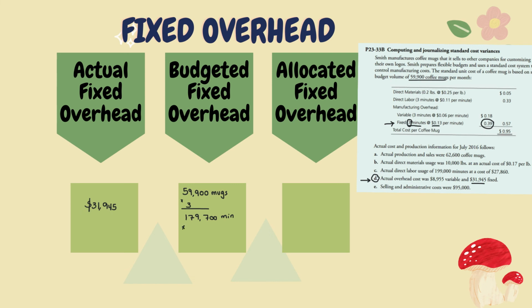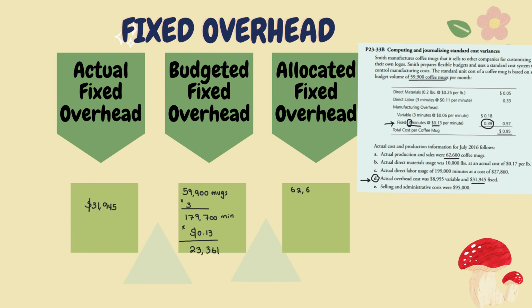And this one will be multiplied with the 13 cents per minute. Okay, so this is the budgeted fixed overhead, all budgeted. It's gonna be 23,361. Now allocated fixed overhead, I need to multiply standard quantity allowed by standard cost. So to find standard quantity allowed, I need to find actual output and multiply it with standard input per one output.